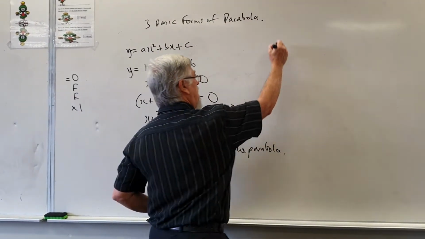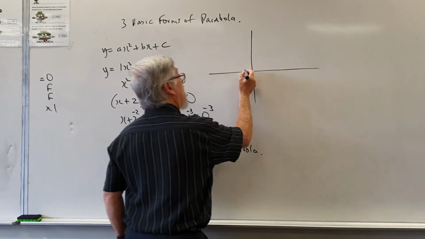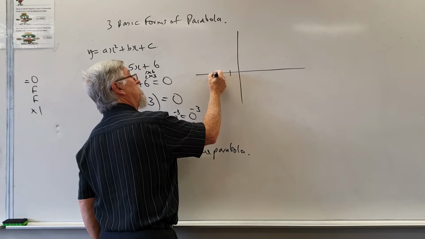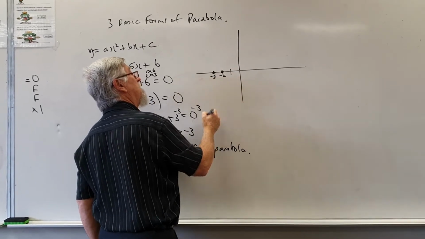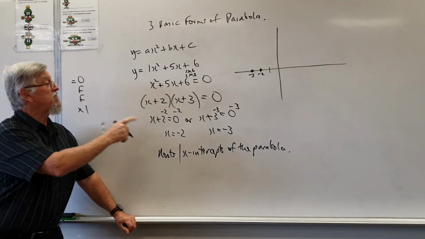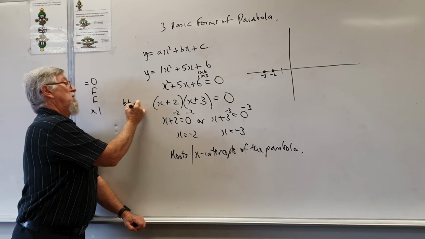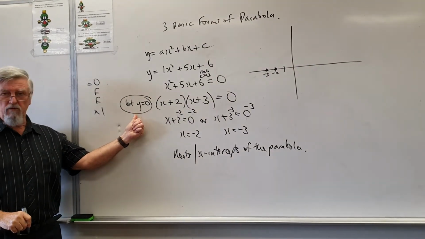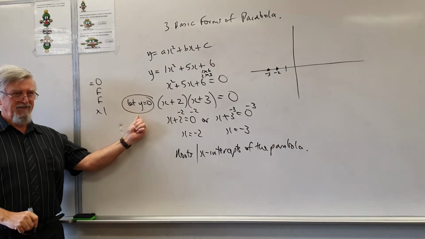So if I go over to here, I can go to minus 2 and minus 3, and I can put a dot there and a dot there. I now know that the parabola goes through minus 2 and minus 3. This was actually saying let y equal 0. So what does it do when we let y equal 0? It gives us the x-intercepts.